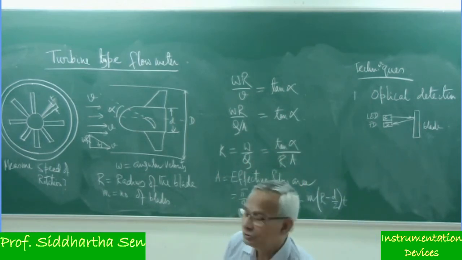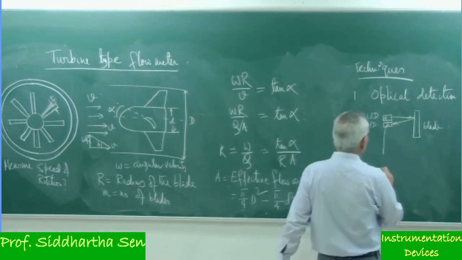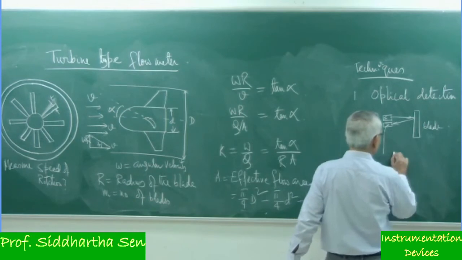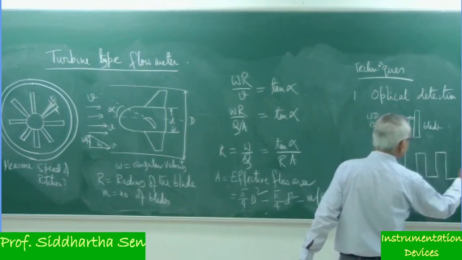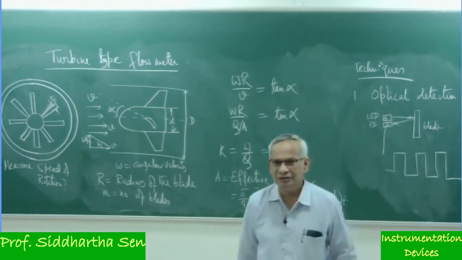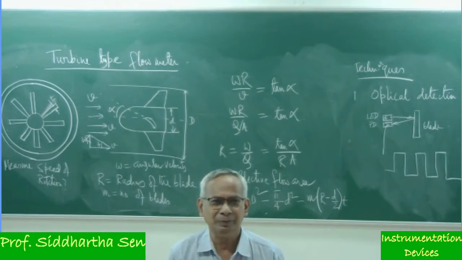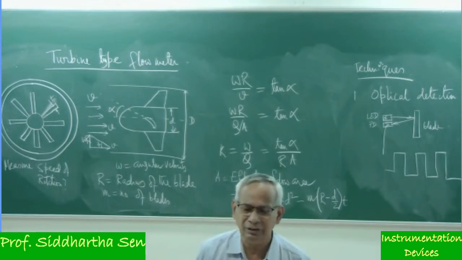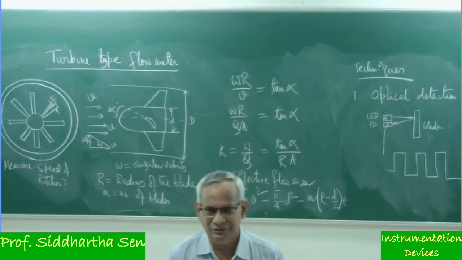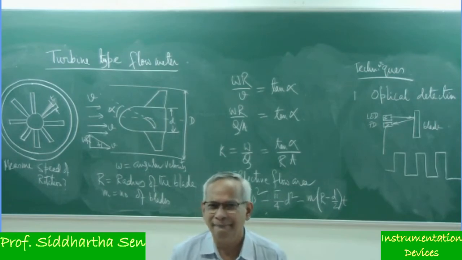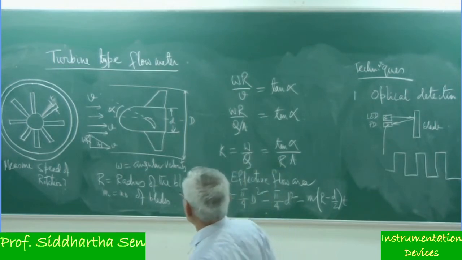Then what will we get? In the detector output, we will get simply some sort of square wave, and you measure the number of pulses you receive per minute or per second, and you get the speed of rotation. Got my point? So this is one way.